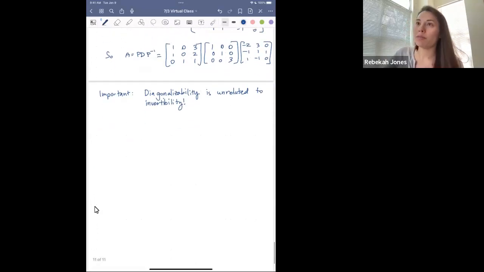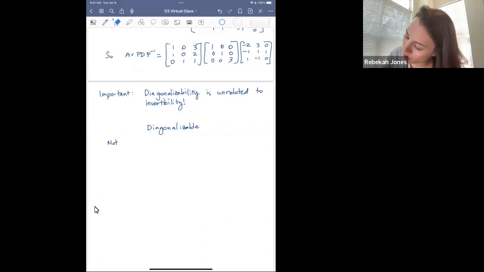So if we sort of form a table, okay, so say we have diagonalizable, invertible, and then not, oh, sorry, I wanted to do it this way.